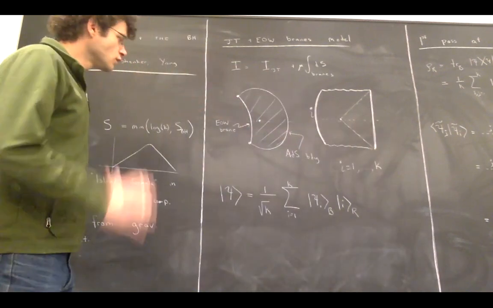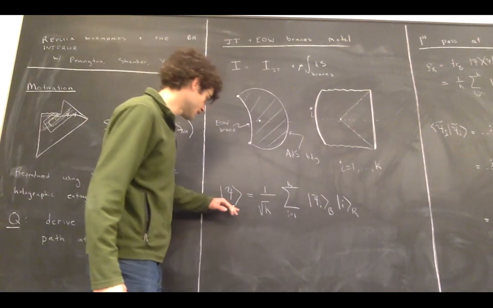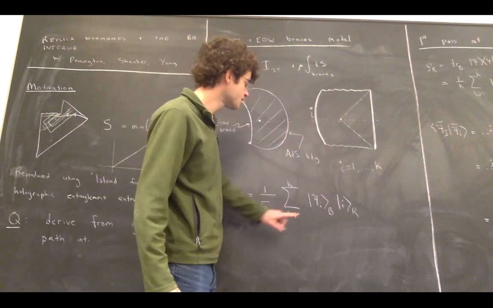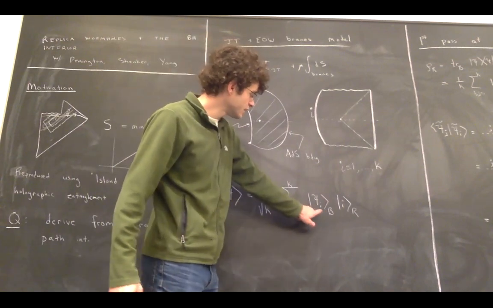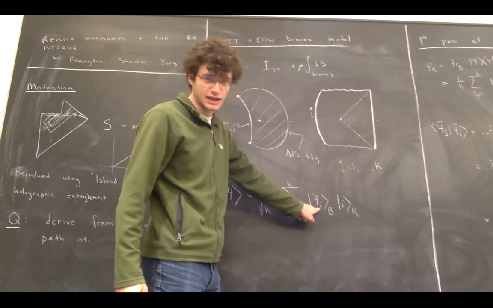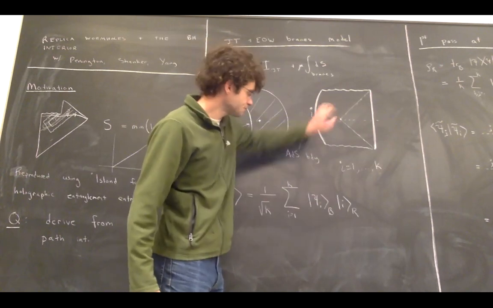The state of the whole system that we're going to consider to mock up this evaporating black hole is the following. We take a sum over k terms, where psi_I represents the state of the black hole where the end of the world brane is in state I. So that's roughly this picture here.